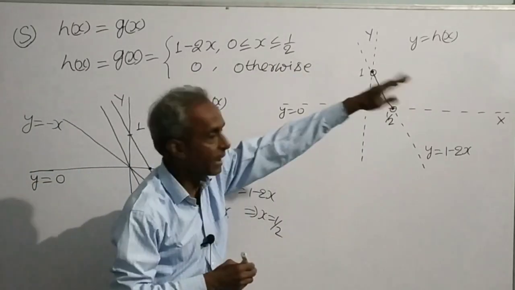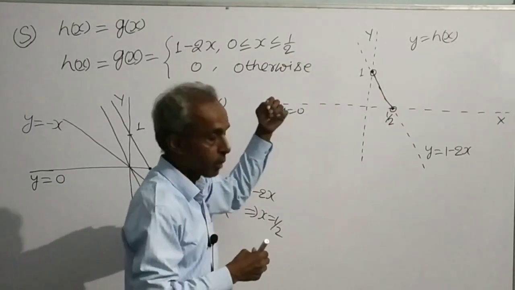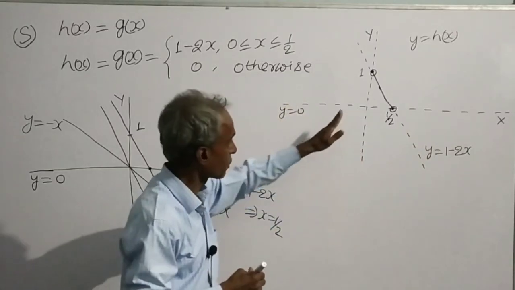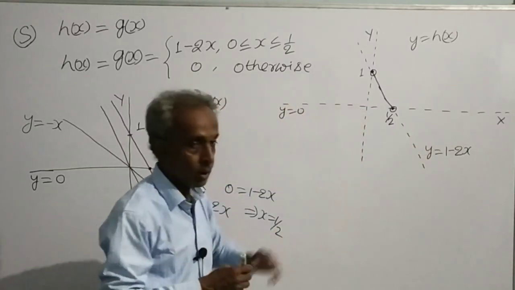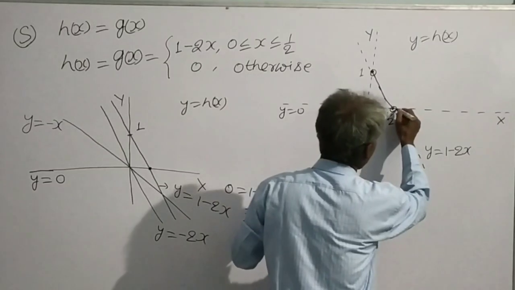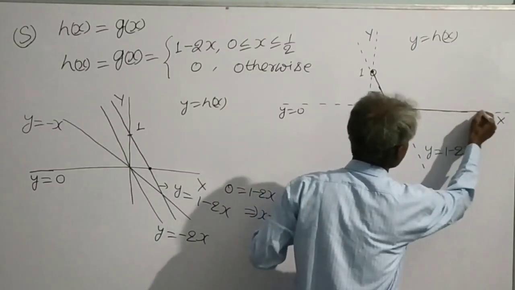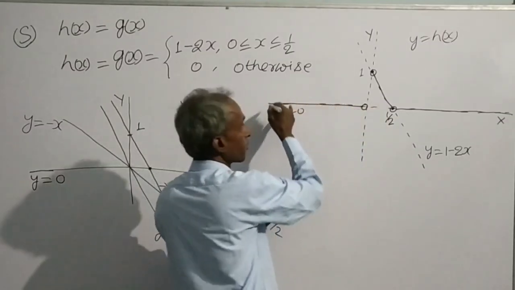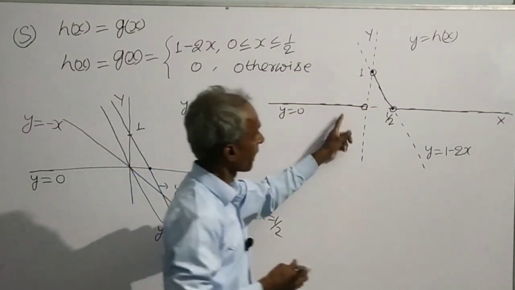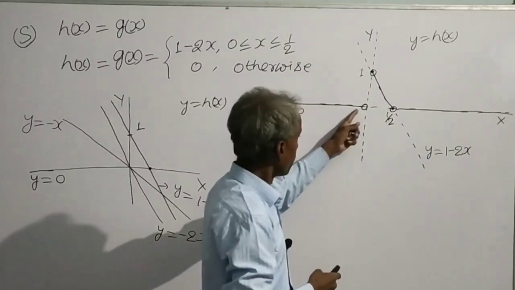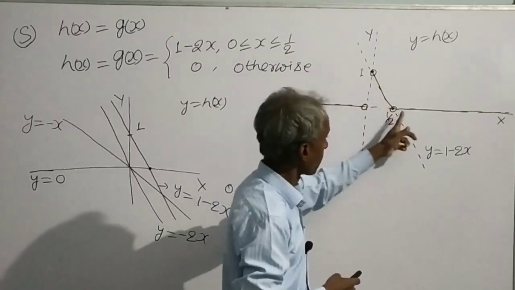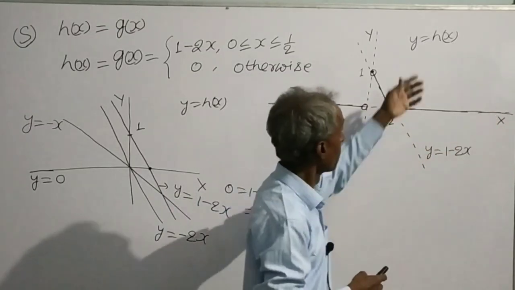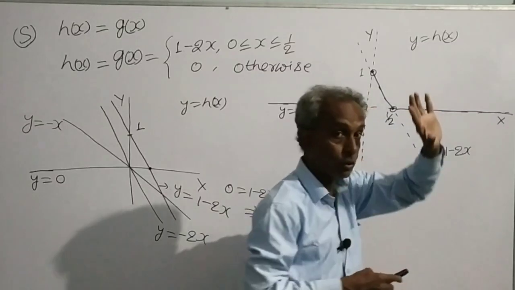On the right hand side of 1/2, that means for x coordinate greater than 1/2, or x coordinate less than 0, we will take the part of the x-axis. This part and this part taken together constitute the graph of y is equal to h(x).